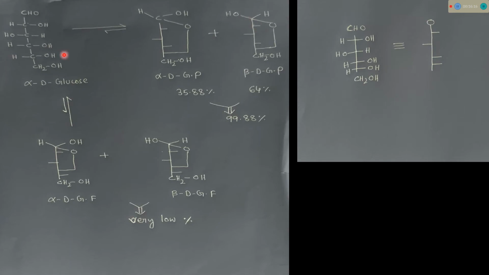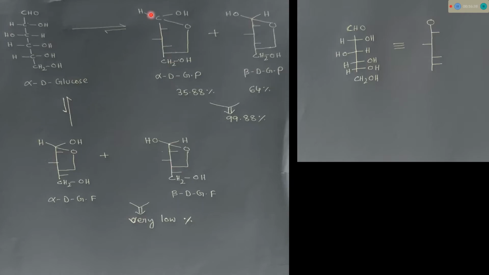See the structure. We already said that acetone reacts with 1,2-diols which are in cis fashion. So see, we have to consider these 4 cyclic forms. Obviously the concentration of this cyclic form in equilibrium is 99%, these are less than 1%.